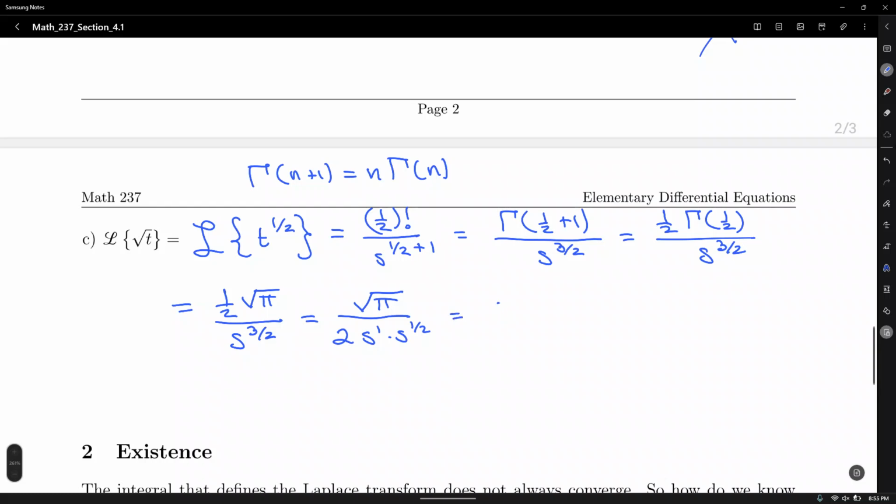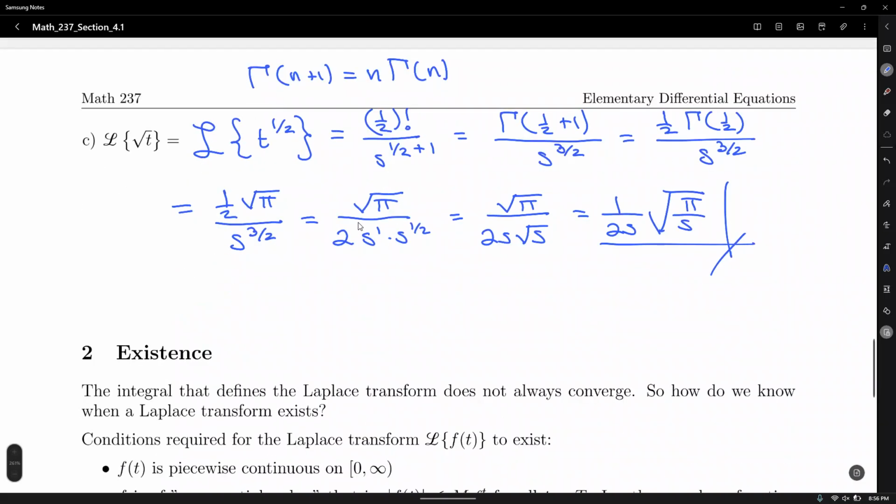So this will be square root of pi divided by 2s square root of s. And using properties of radicals, we can rewrite this as 1 over 2s square root of pi over s. That'll be our final answer. That is the Laplace transform of square root of t.